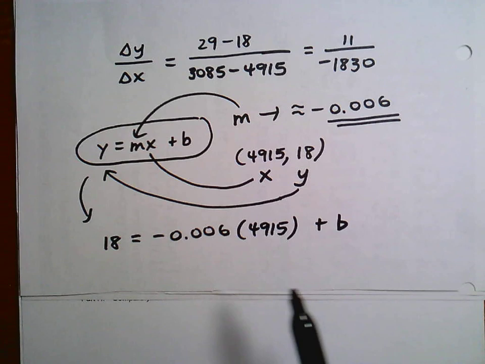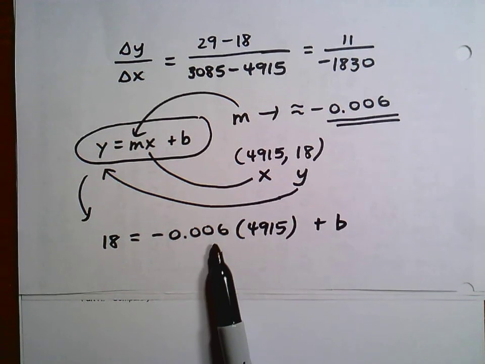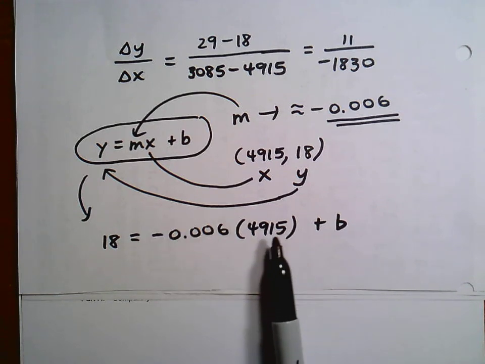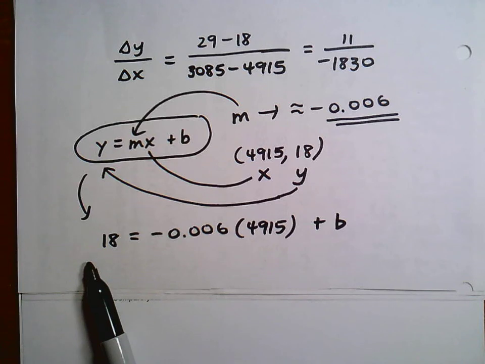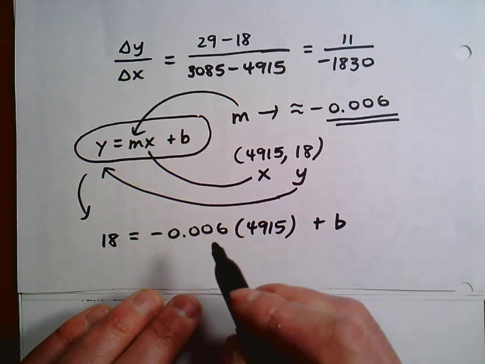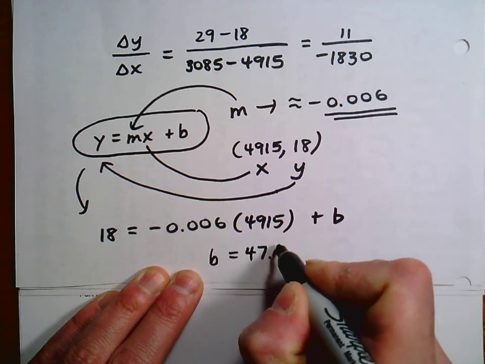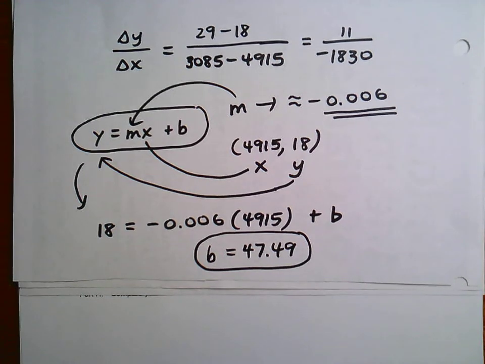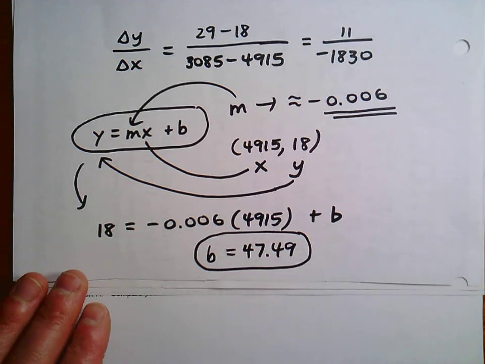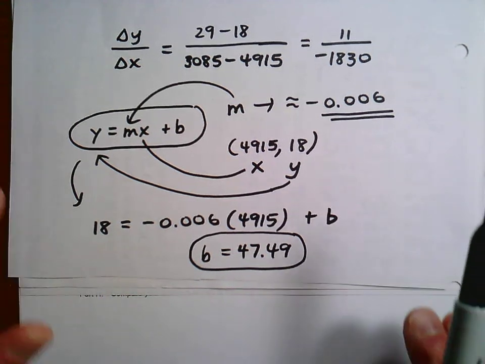So the rest of this, I'll let you check this out on a calculator. You want to multiply these two and get this number. Whatever you get here, you get around, I believe, negative 29. You have to add that number to both sides, and then you can solve for b. So what I got here, got this for b, right? So 47.49 or so. And then you're all set, right? So you have the equation of the line because m is right here and b is there, and you're done.